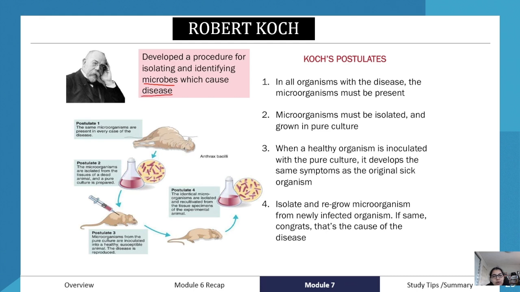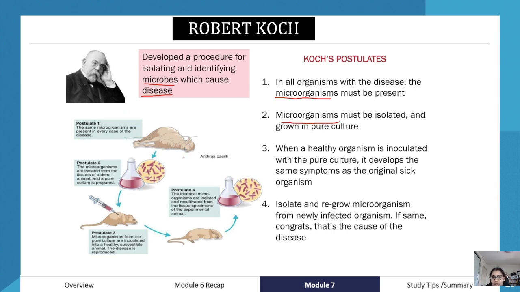So what he did was, let's logically work through his steps. He said that in all animals that have a certain disease, there are going to be microbes present that are going to cause that disease. Those microbes can then be isolated and grown in pure culture.